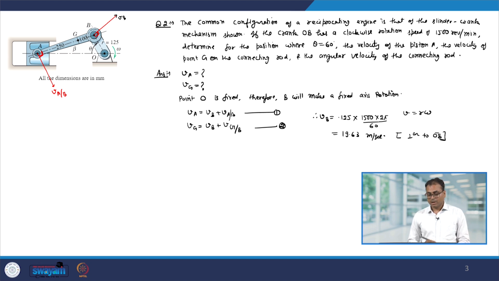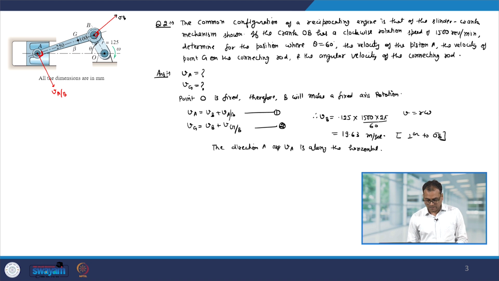Okay. Now, what is the direction of VA? The direction of VA is along the horizontal, because this piston A is moving in the horizontal direction.